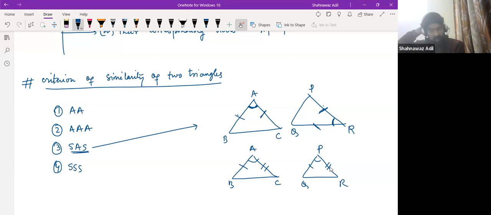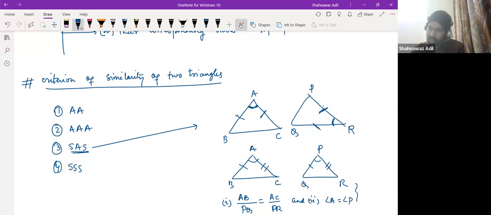So the SAS property says that if AB by PQ is equal to AC by PR, and angle A is equal to angle P, then triangle ABC is similar to triangle PQR.